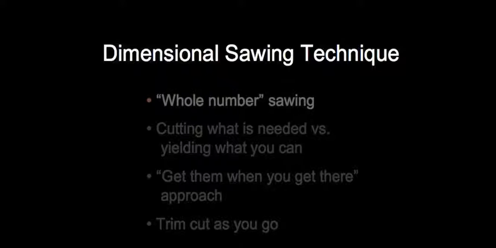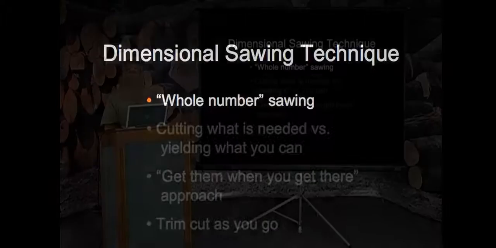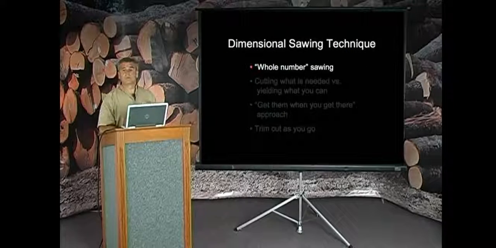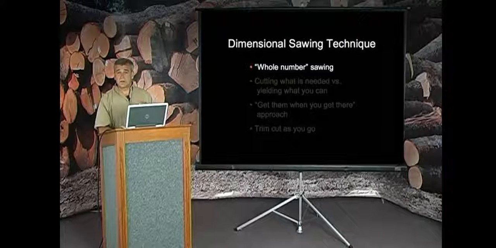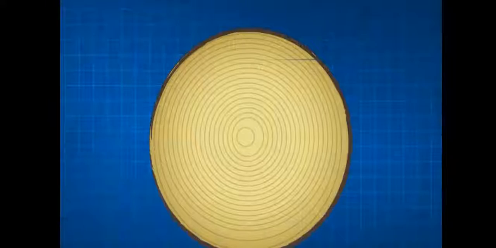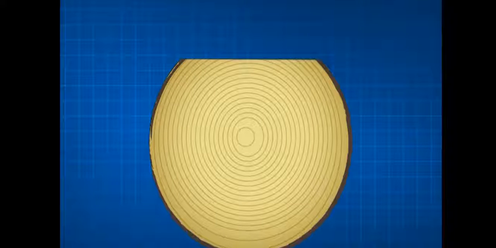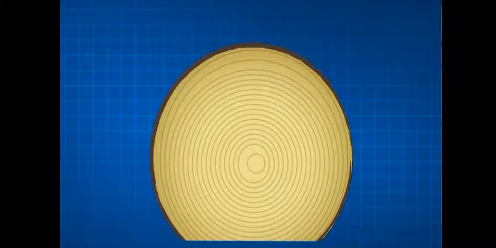And this technique, whole number sawing, the first point, is one technique that I've used a lot, and I imagine many of you in the room use this technique. You simply cut on the whole numbers, always. Now, when you open your first face and you make a flat on the log, it's not important with that cut that you're on a whole number, but when you turn that log and you have a flat side down, you're on a whole number.